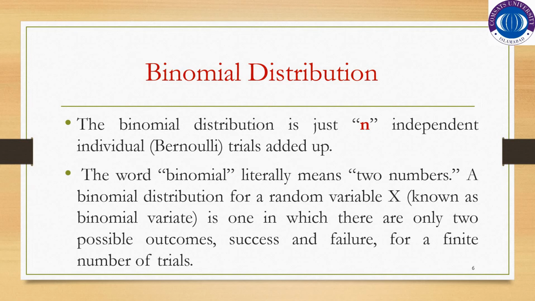What is binomial distribution? When the Bernoulli trials, which we have studied in the last slide, when more than one independent Bernoulli trials are added up, it becomes the binomial distribution.